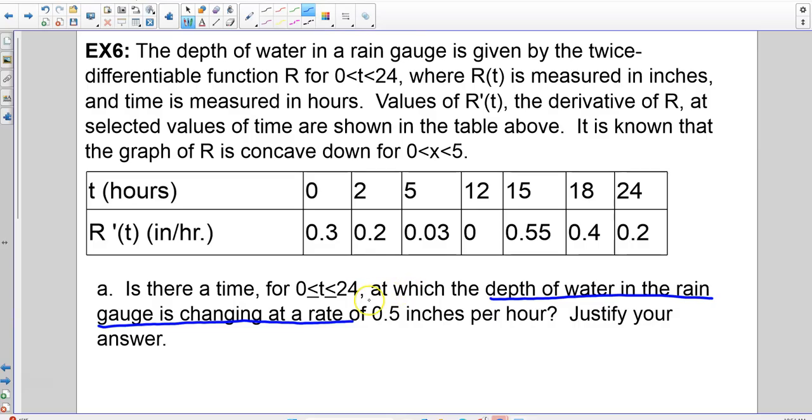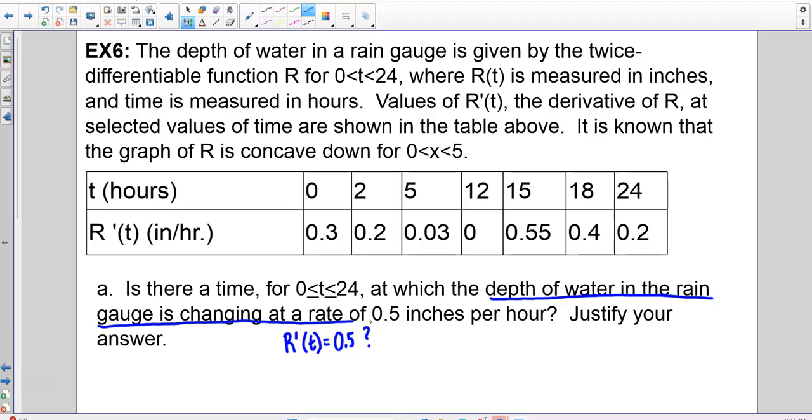R prime. So it's asking us, does r prime of t equal 0.5? That's what the question's saying, right? Because is there a time where the depth of water in the rain gauge is changing at a rate? So we're talking about the rate, so we're talking about r prime, right? So looking at my table there, is r prime ever going to have to equal 0.5?